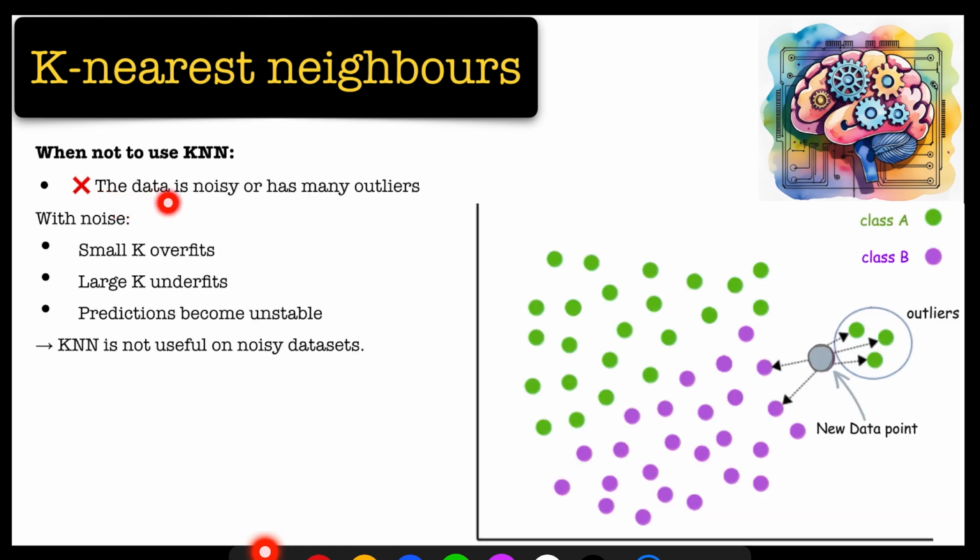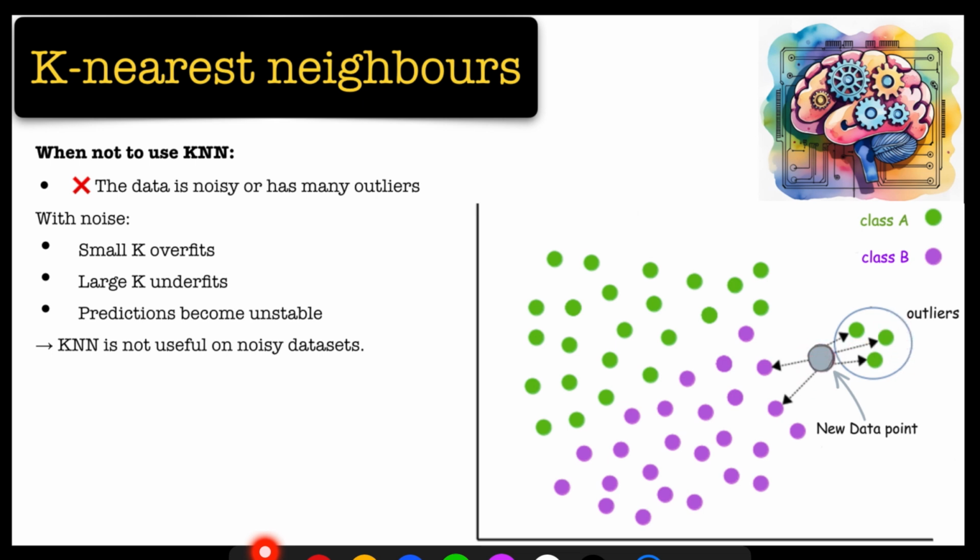Now, when the data is noisy or has many outliers, we should also not use KNN. With noise, a small k overfits, a large k underfits, and predictions become unstable. Let's see this example. This is class A, the green ones, and this is class B, the purple ones. We also have some outliers for class A in this region. This is the new data point we got.